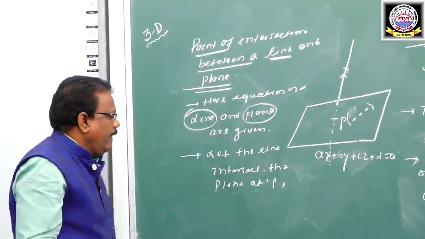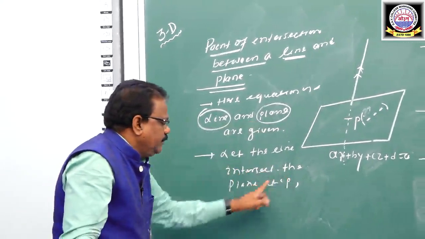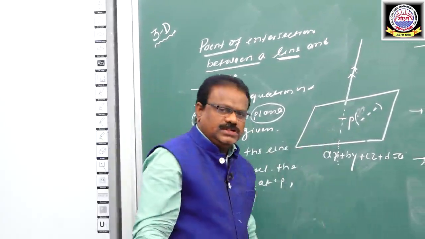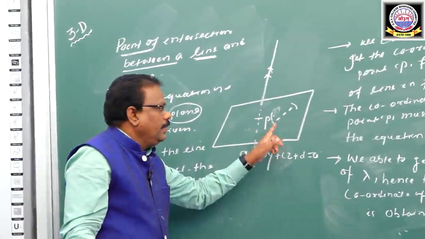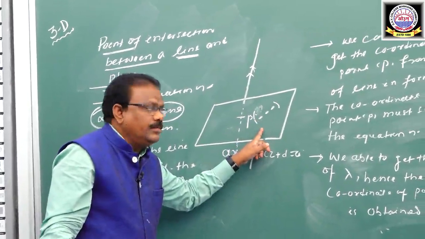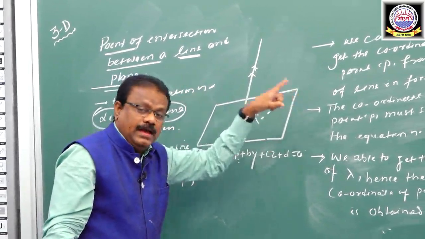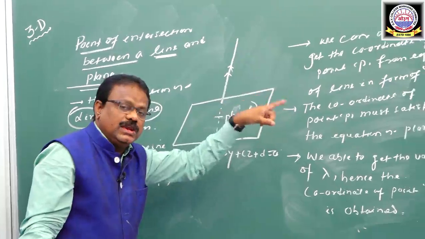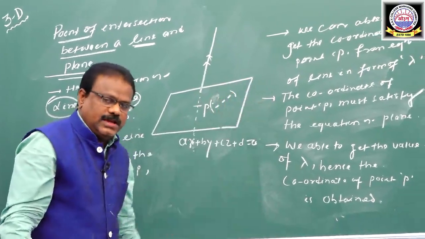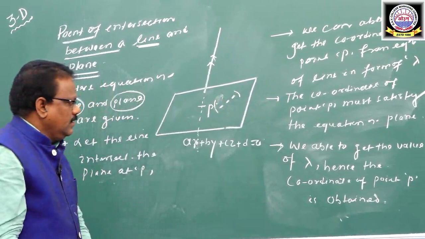Let the line intersect the plane at the point P, as the figure shows. Then we can get the coordinates of the point P from the equation of the line in the form of lambda. I am suggesting you give this equal to lambda. You can give any other constant k or p also, something like that.